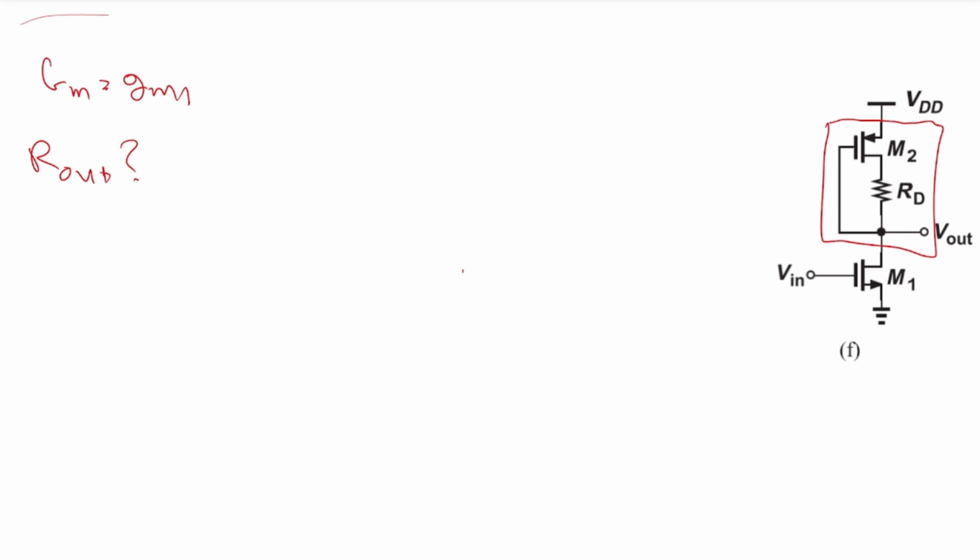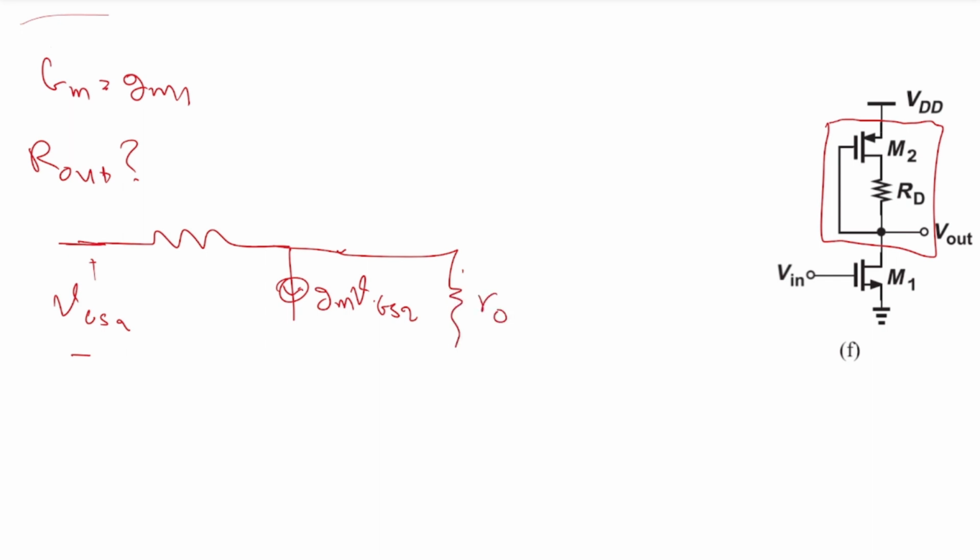RD is between the gate and drain. This is GM VGS for transistor 2, so this is VGS2. And this is RO.